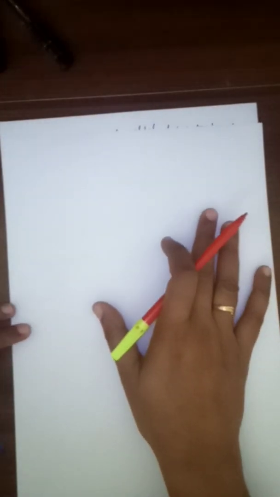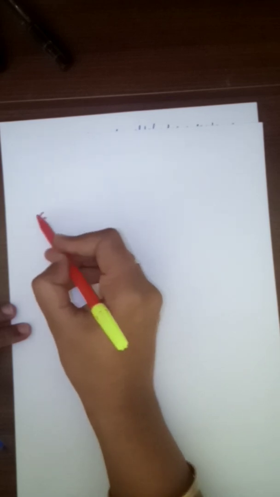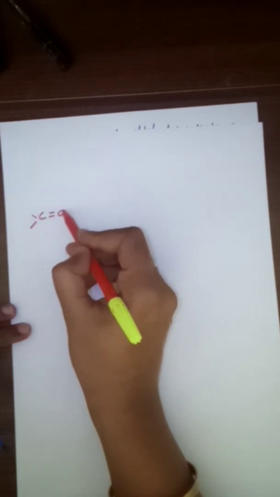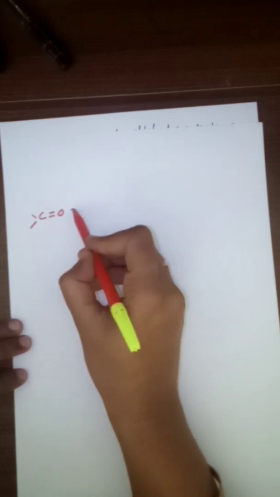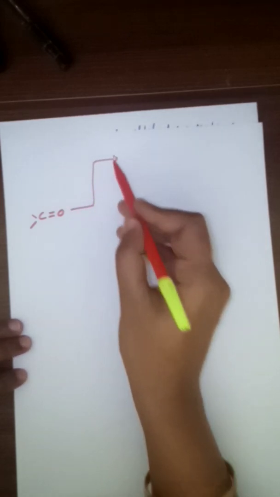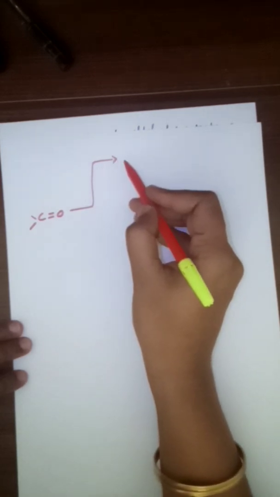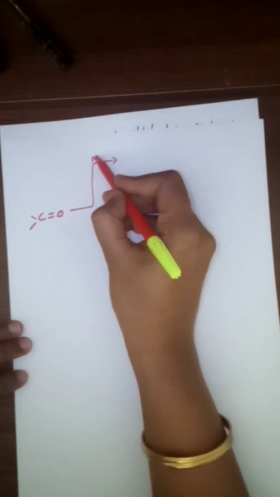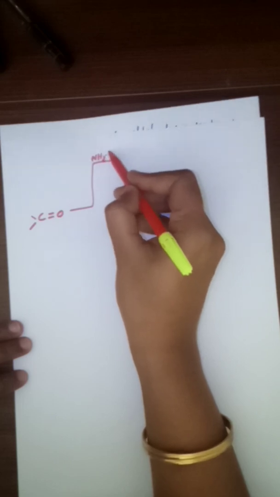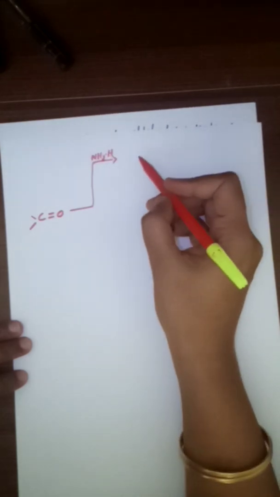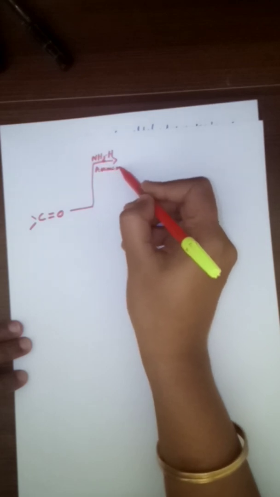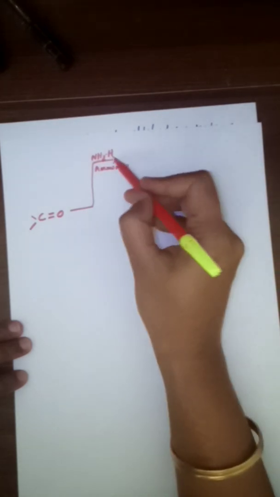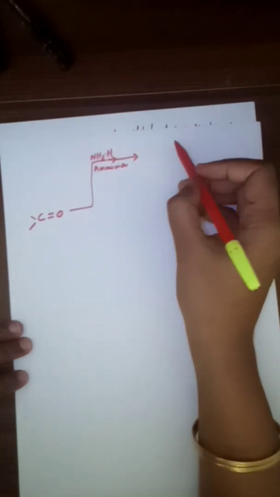So again I am continuing with the condensation reaction. So what we have is C double bond O, this is our carbonyl compound. Now with this carbonyl compound I'll write, let us consider NH2H. What is NH2H? That is your ammonia. So when you are using ammonia, what will you be getting?